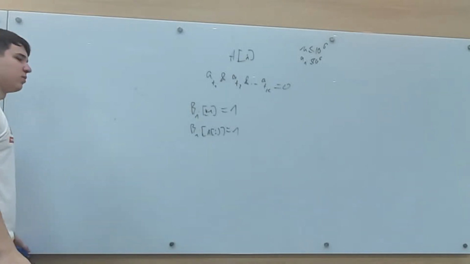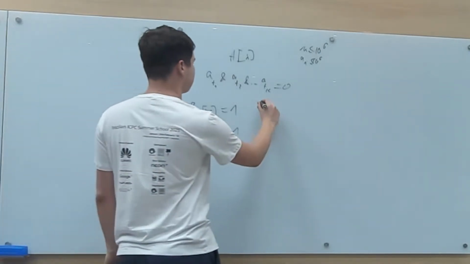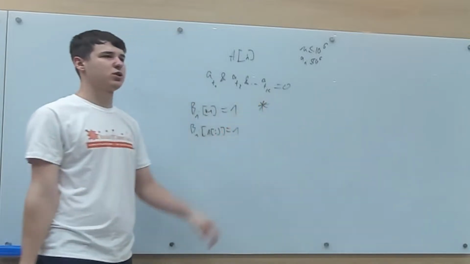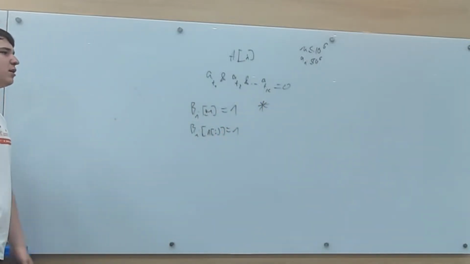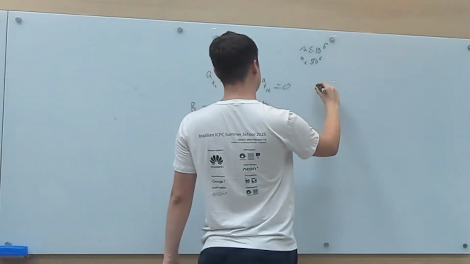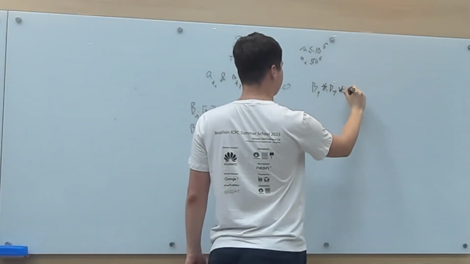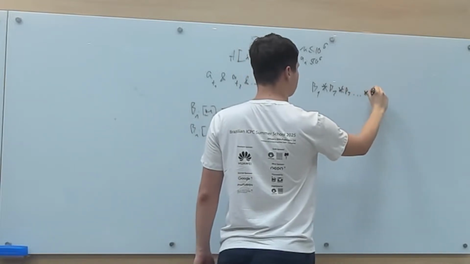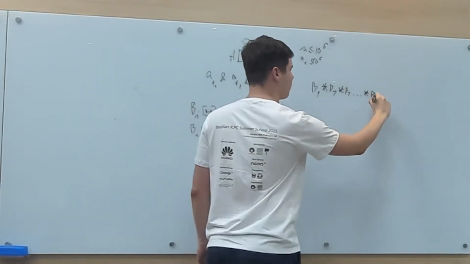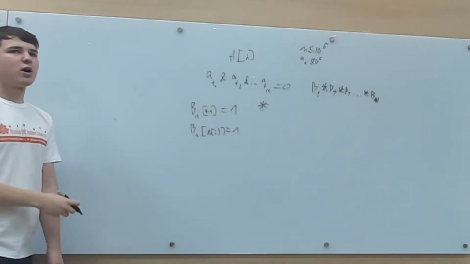Otherwise, it's equal to 0. Let's now say that this is the AND convolution of two vectors. What I'm saying is that the result is B_1 convolution B_2 convolution B_3 ... convolution B_n, small n. Who agrees with this statement?